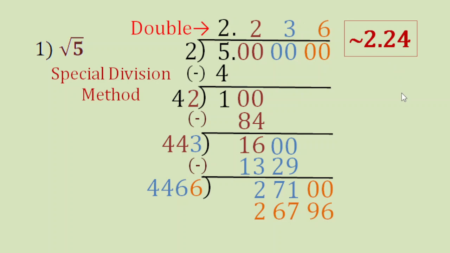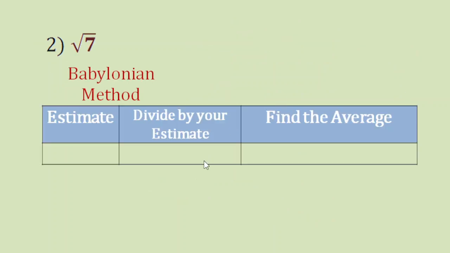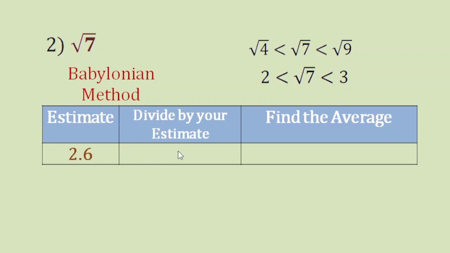Okay, for the second item, I use Babylonian method. Okay, the square root of 7 lies between the square root of 4 and the square root of 9. And the square root of 4 is 2 and the square root of 9 is 3. So it's between 2 and 3. Now, square root of 7 is closer to square root of 9 than to square root of 4. So 2.6 is a very good estimate.